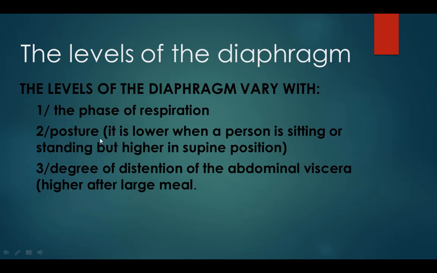With posture also: when the patient is sitting or standing, the diaphragm goes down. When the patient lies supine, it is higher. Distension of the abdominal viscera also raises it, for example after a large meal.